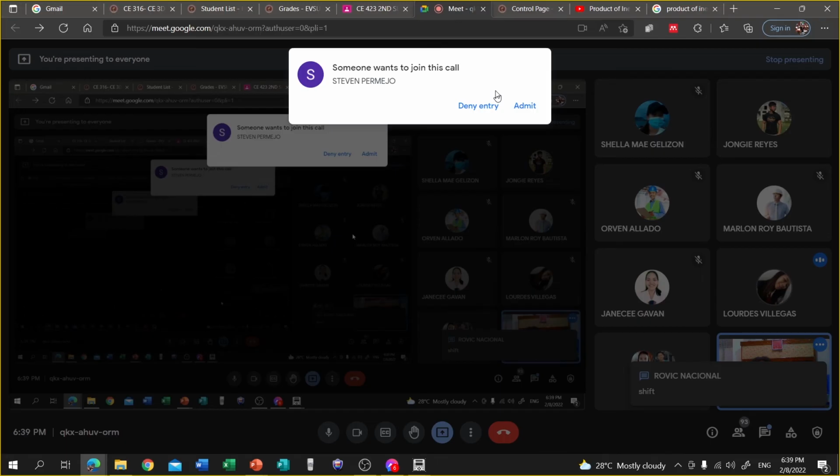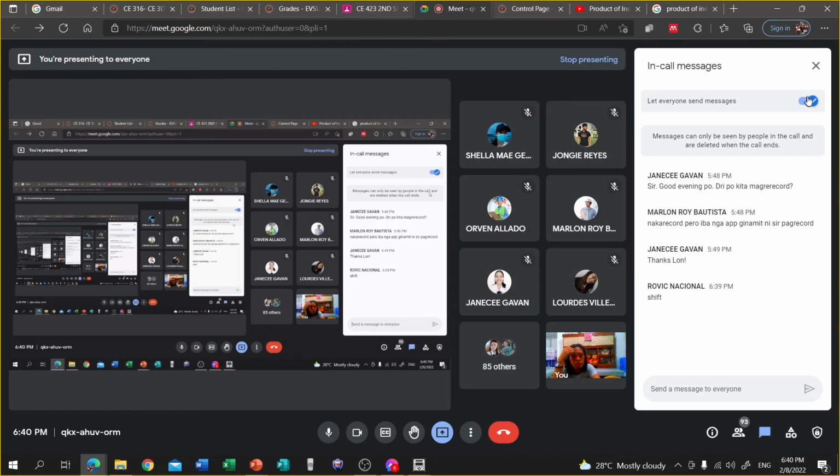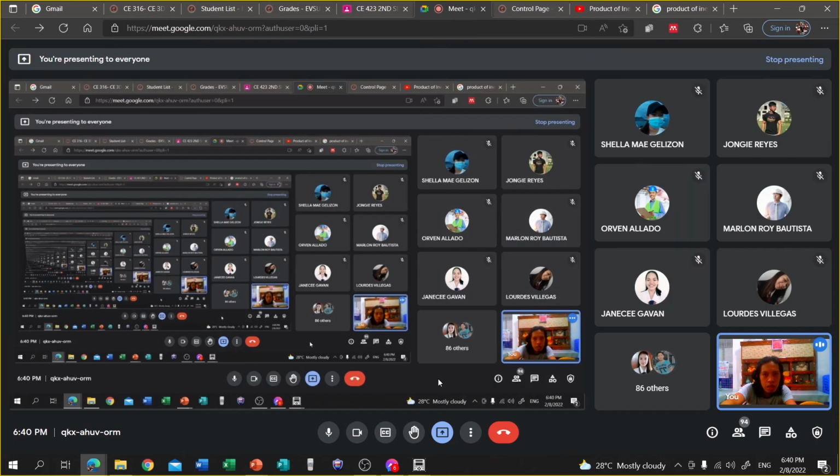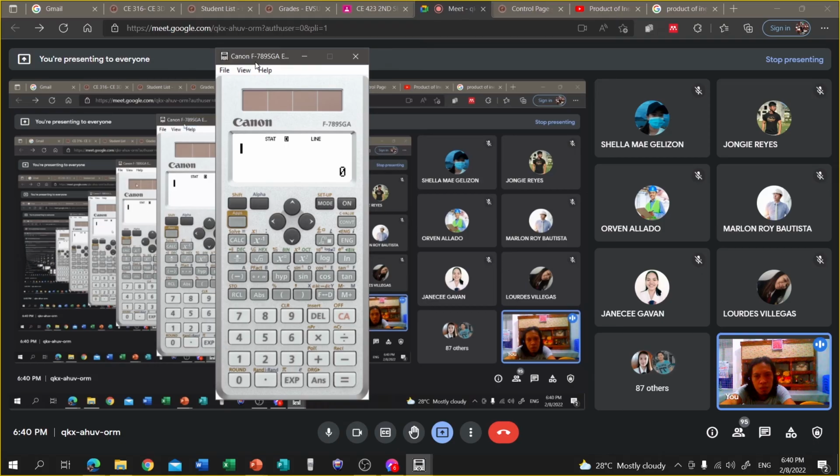Shift stat number 1. Dire ni it may dalahin ni actually 991 ES, 570, tapos in an if an canon F789 is GA.